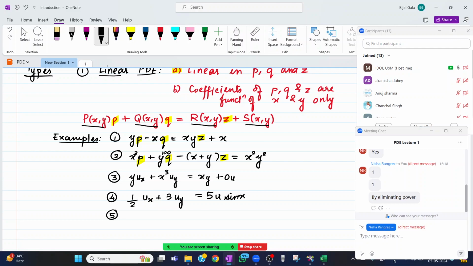Not a very difficult task. One example of linear.